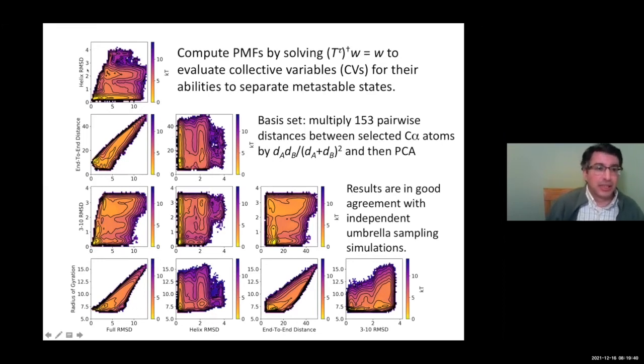I'm going to show you most of the results in the helix RMSD and the full RMSD because that's what Peter used in his study. But we actually find from our calculations that we get a little bit better description of the system with the helix RMSD and the 3-10 helix RMSD. And so actually, if you look at our published results, we have a lot in those coordinates.